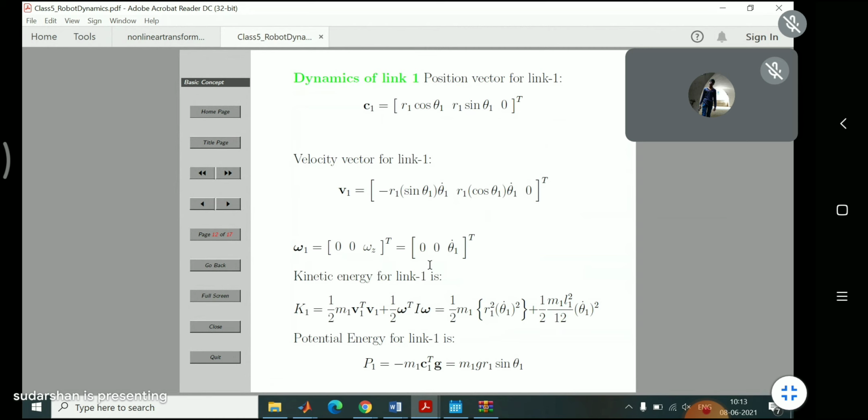Position vector of link 1, R1 cos theta 1, R1 sin theta 1, 0. R1 is basically L1 by 2. So the corresponding velocity vector is minus R1 sin theta 1 theta 1 dot, R1 cos theta 1 theta 1 dot, and 0. Just differentiate with respect to time. Then the angular velocity vector omega 1 is 0, 0, omega z transpose.